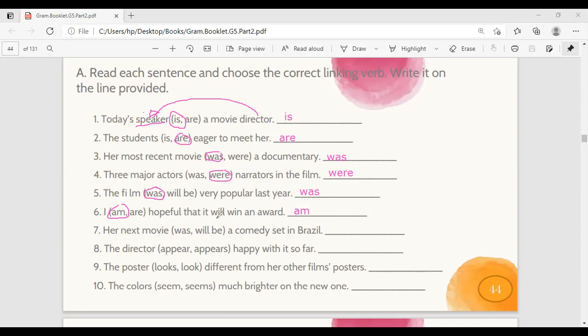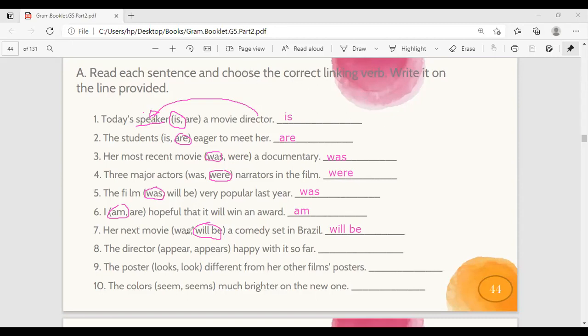Will be, because it didn't happen in the past. We cannot say was. We say will be. Excellent. Will here has another name. I'm going to tell you what we call it now. Be is the main verb, the main linking verb.